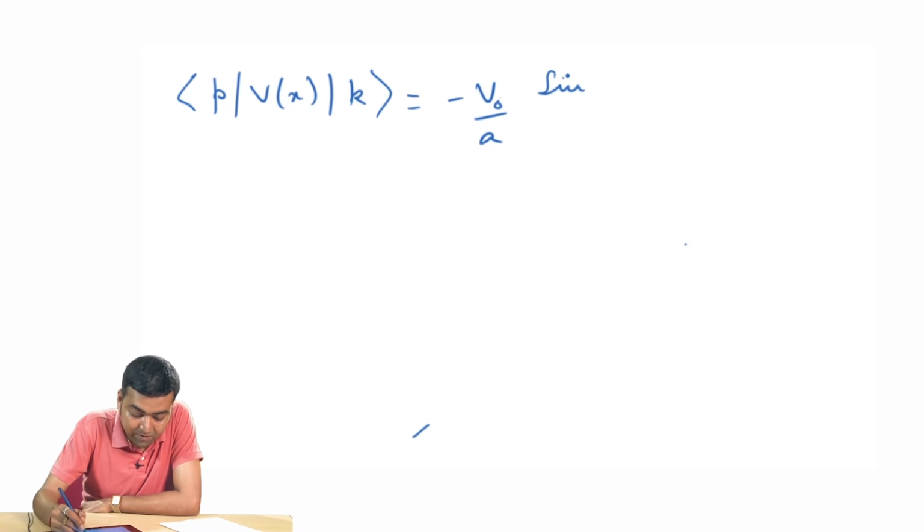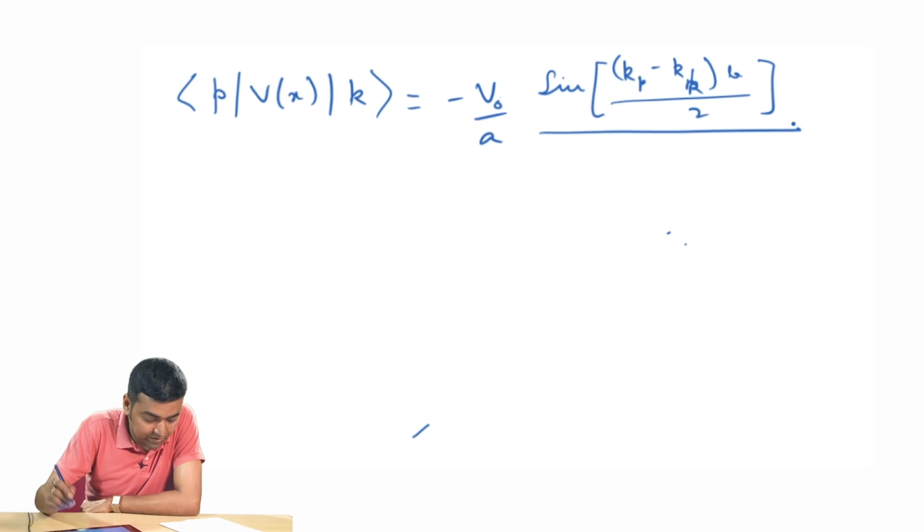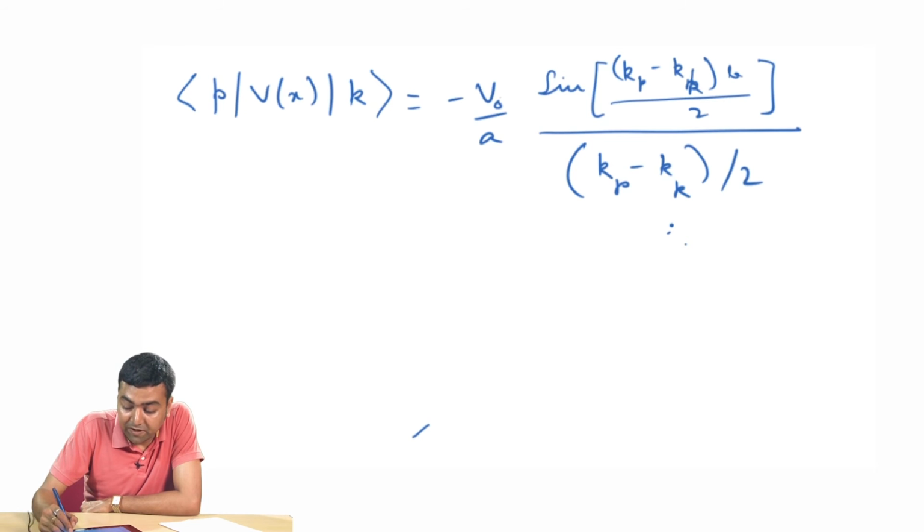If we evaluate the integral, what we will get is sine of (k p minus k k) b by 2, divided by (k p minus k k) by 2. Now, this is valid if my k p is not equal to k k.